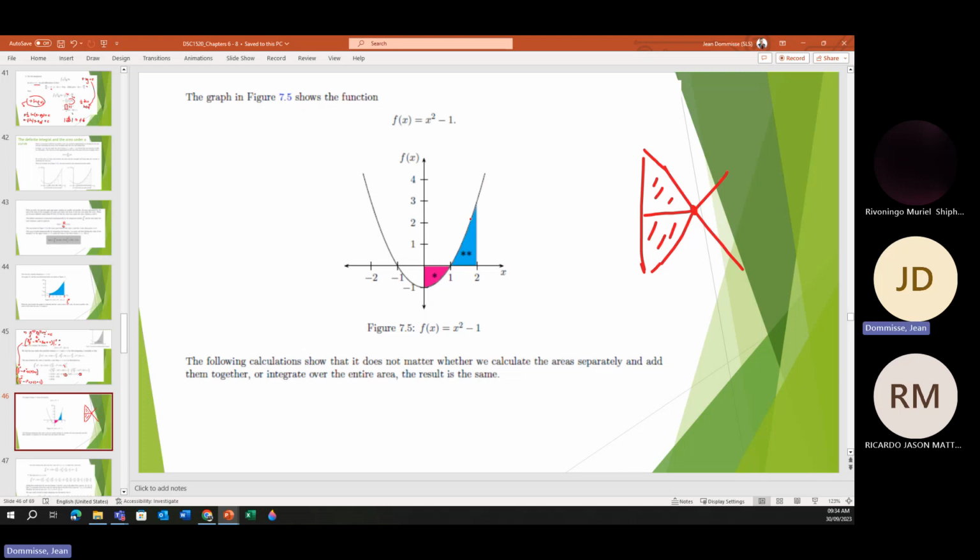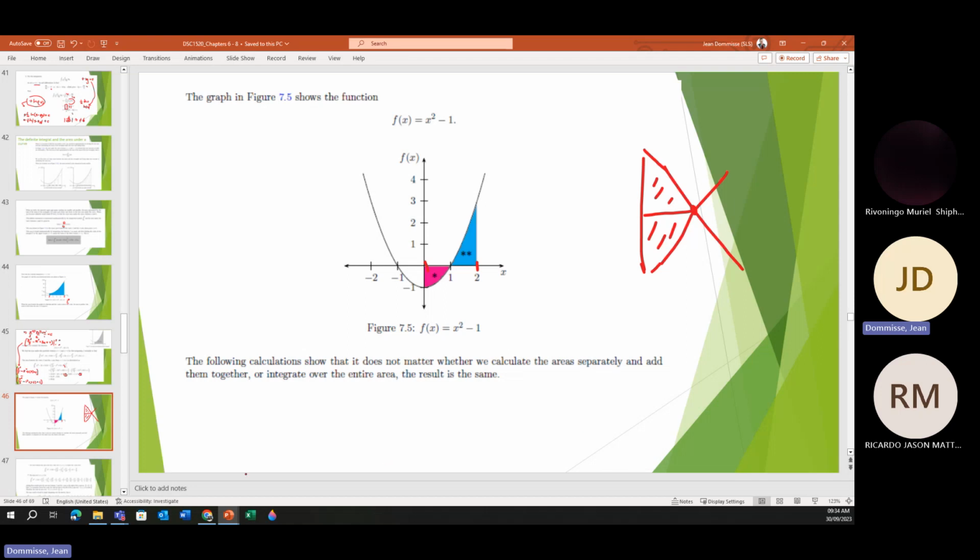So the same with this one was they gave us the graph, and then they say, okay, you need to work out the area between 0 and 2.